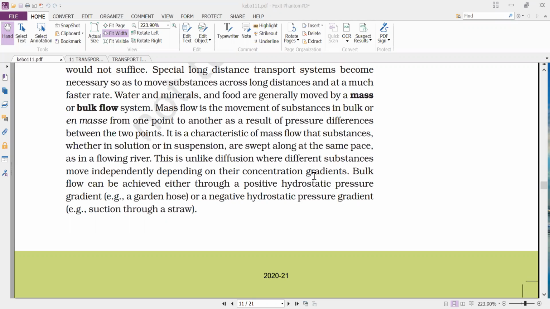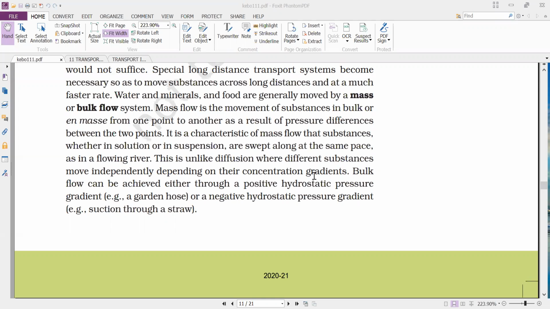At the same time, we can also develop a certain negative hydrostatic pressure, which helps in drawing the water from lower to upper.